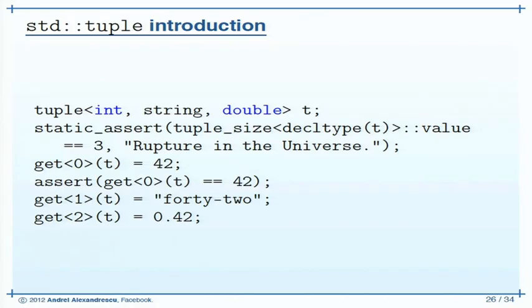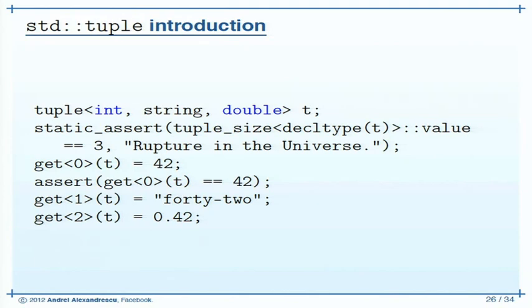Let me just give you a short introduction to std::tuple. Let's say we have a tuple of int, string, and double, and we can assert that tuple size of the tuple's type is 3. And then here's something interesting. get<0>(t), you can assign to it, which is this int.